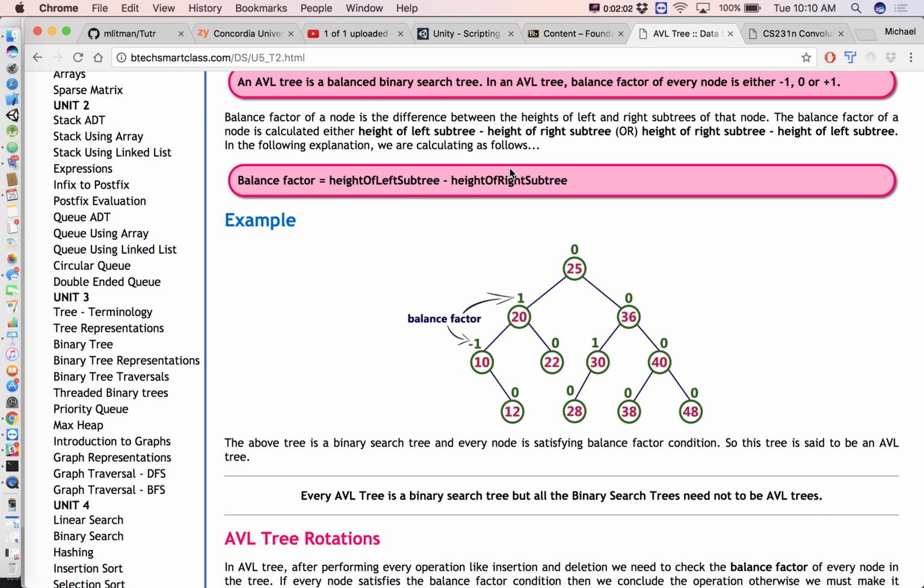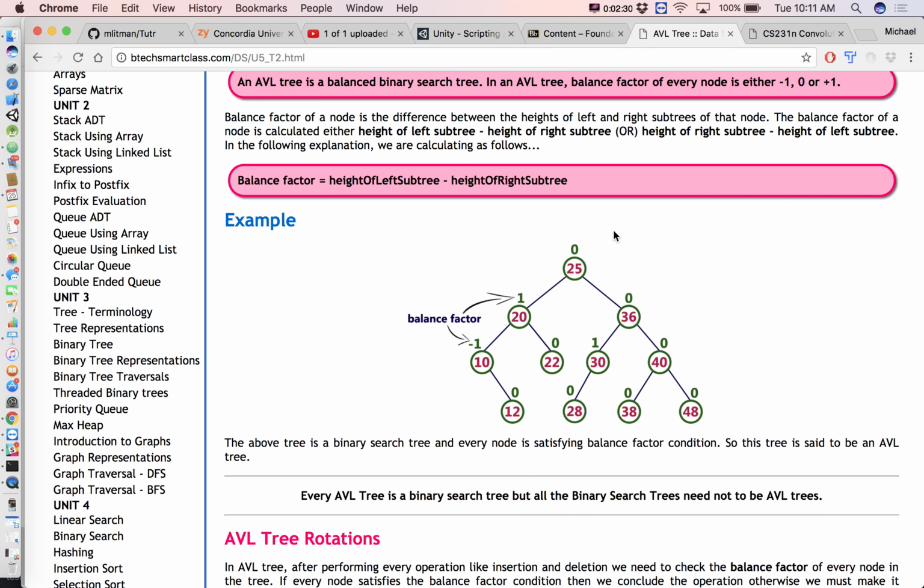The way they're calculating the balance factor is the height of the left subtree minus the height of the right subtree. Always calculate that balance factor the same way, and that balance factor will give you a little information about what's going on. It'll at least give you the side at which it's unbalanced, correct? So if the depth of this tree was a 2, and the depth of this tree was a 0, 2 minus 0 is a 2.